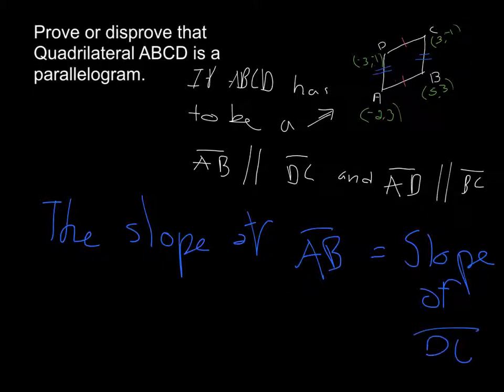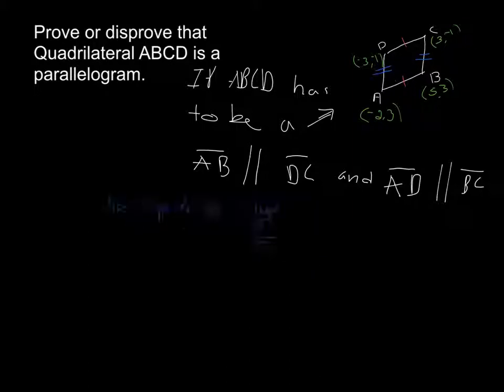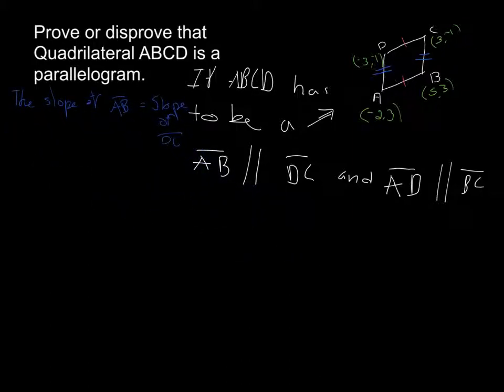Since we have this, we can know the first. So, for example, in here, the slope of AB, where A and B are here, should be equal to the slope of D and C. So let me just make this all smaller and put it over here. So now we have to find the slope of line segment AB.